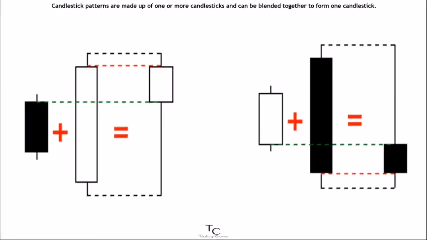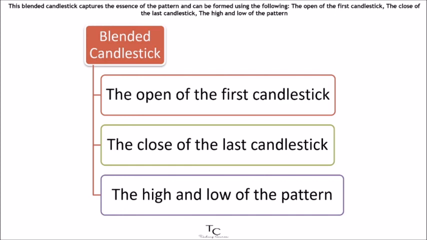Candlestick patterns are made up of one or more candlesticks and can be blended together to form one candlestick. This blended candlestick captures the essence of the pattern and can be formed using the following: the open of the first candlestick, the close of the last candlestick, the high and low of the pattern.